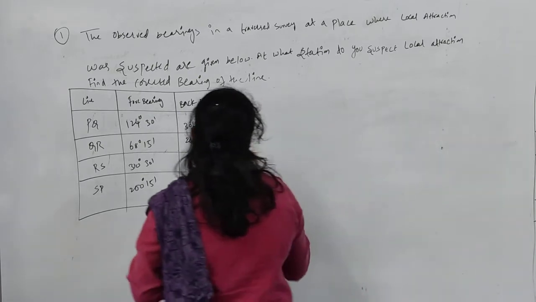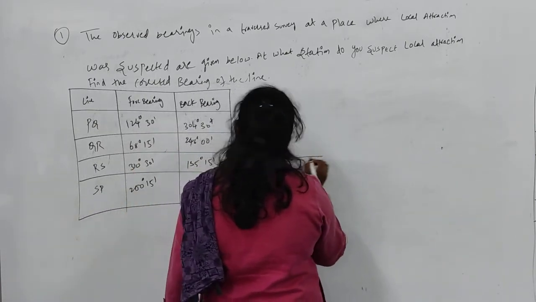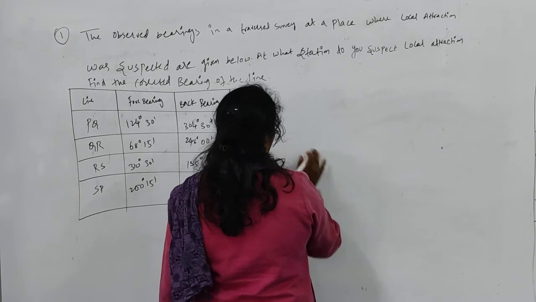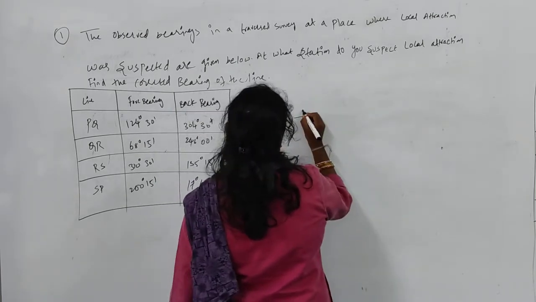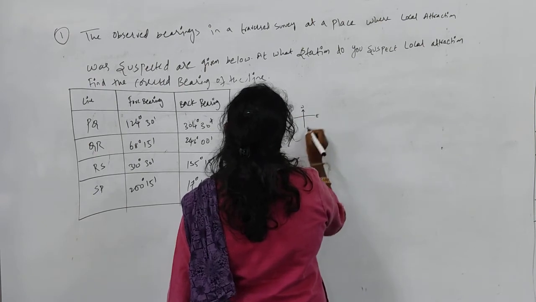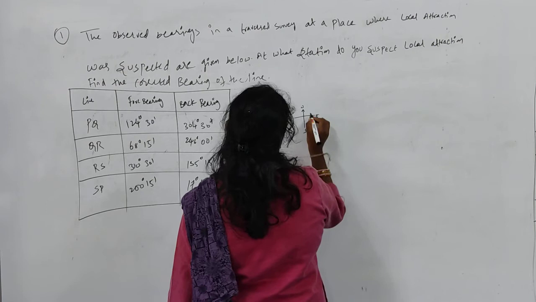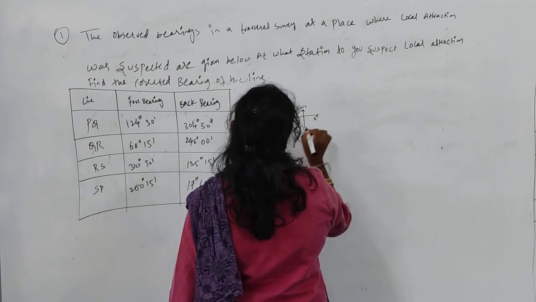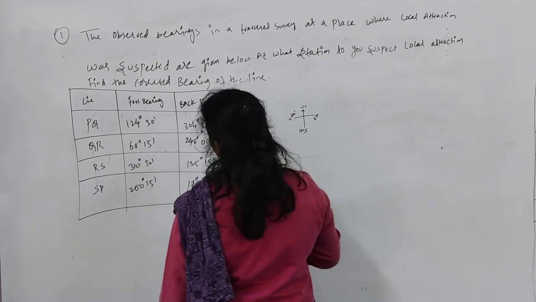So right, first we will plot the figure. First forebearing, what we are getting, PQ. PQ forebearing, how much you are getting here, this is the north, east, south and west here. So second quadrant 0, 90, 180 and 270 degrees here.